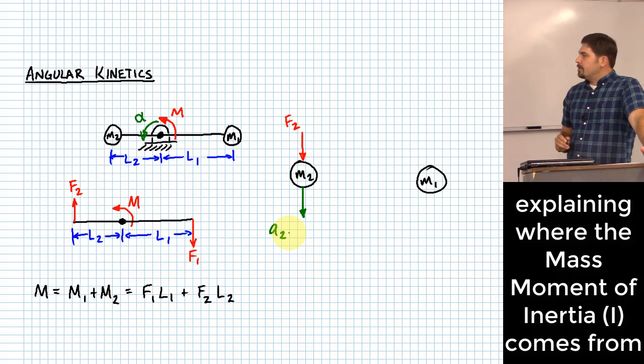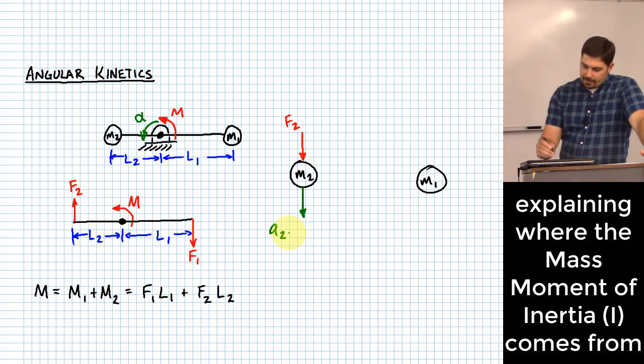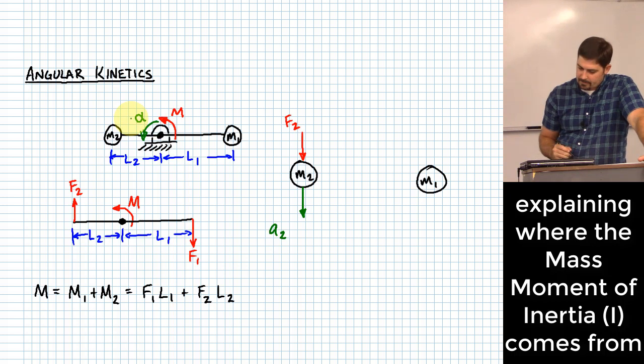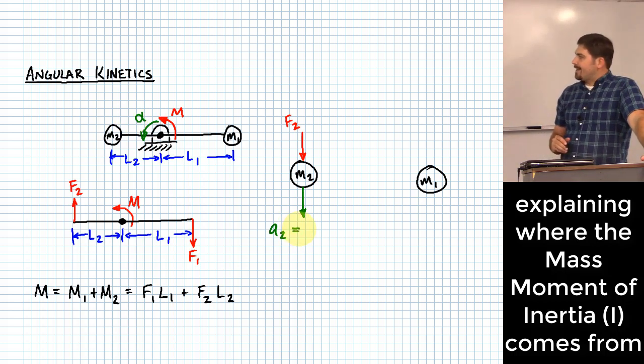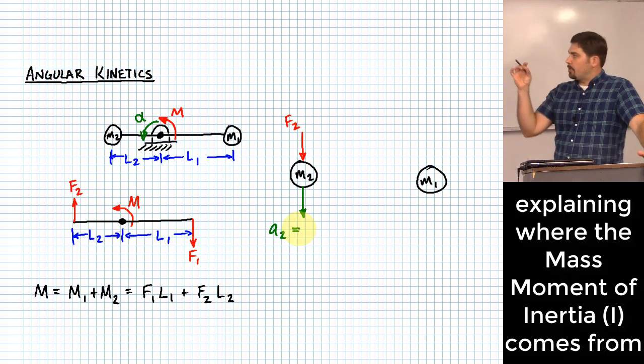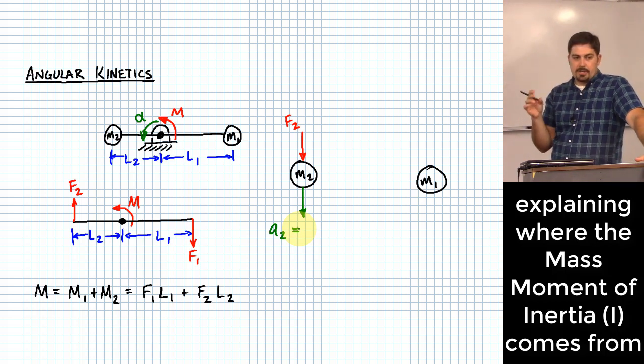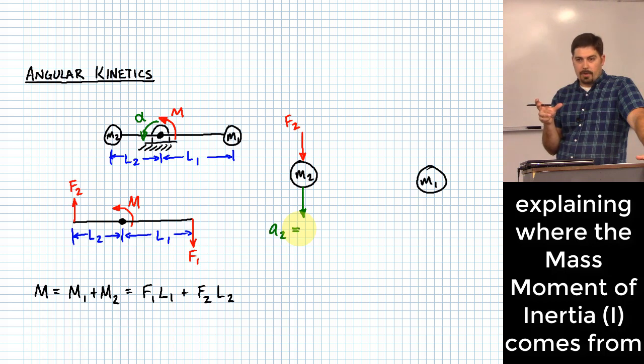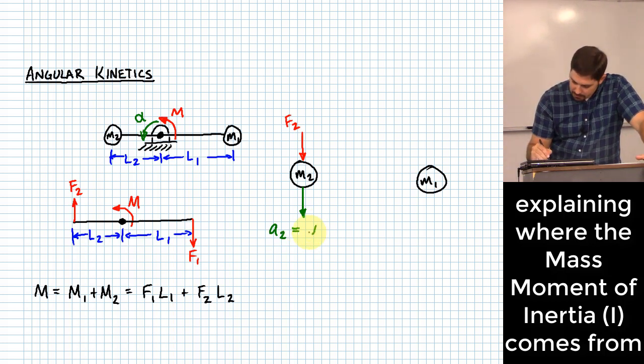So A2 can actually be related to the alpha that I drew on my little original rod, right? How does A2 relate to alpha? Keep in mind, that's basically like a tangential or a transverse component of acceleration, and to get that, you take your angular acceleration and multiply by a radius away from the point of pivot, right? So this is just going to be equal to alpha times L2.